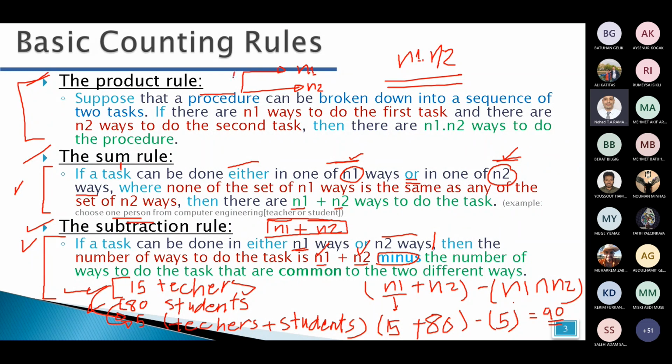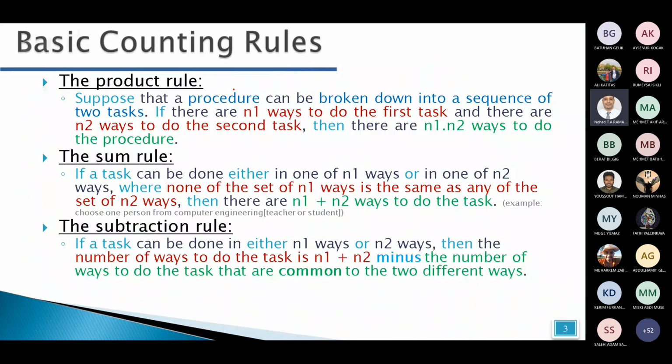So we need to do this task and we need to do this task to do the procedure. In this case, we multiply the number of ways to do the first task with the number of ways to do the second task. If we have 3 subtasks, then the number of ways of doing the first task multiplied by doing the second task multiplied by doing the third, the fourth, the fifth, and so on. We will take each one with examples, inshallah, now.